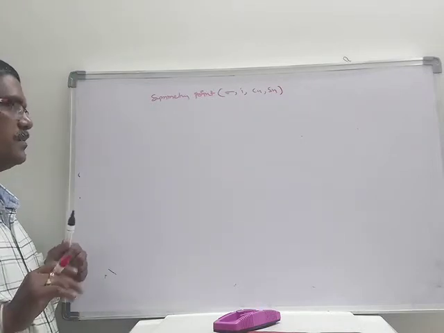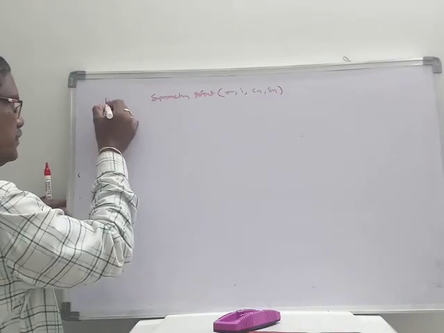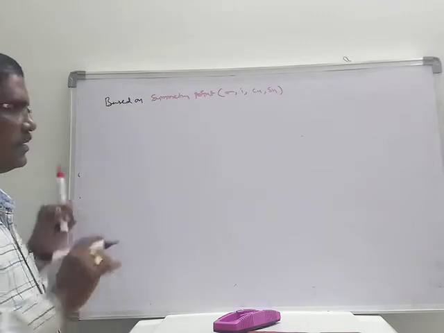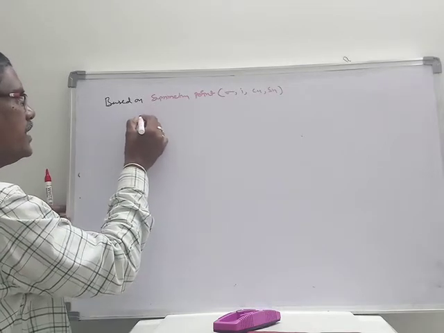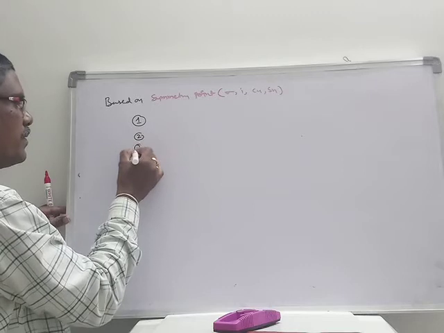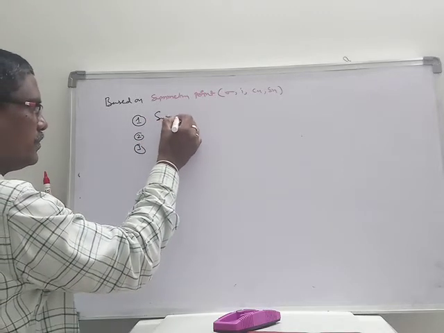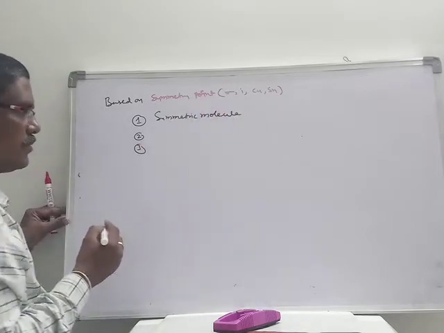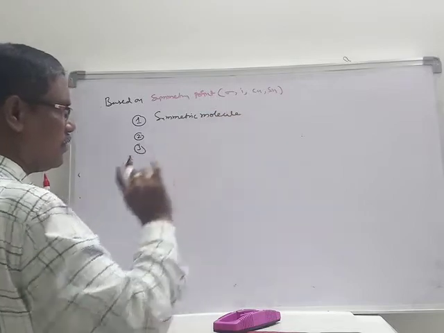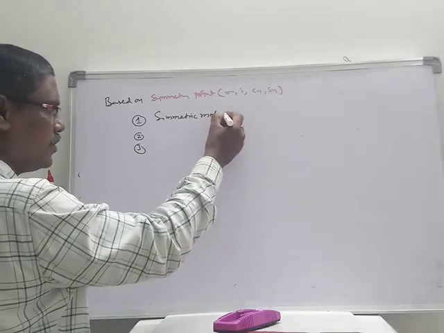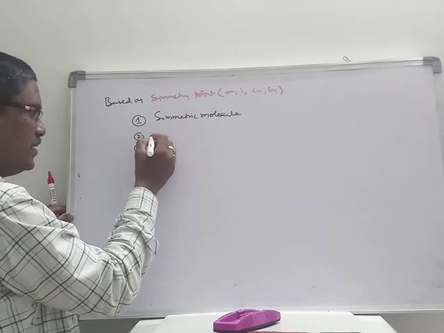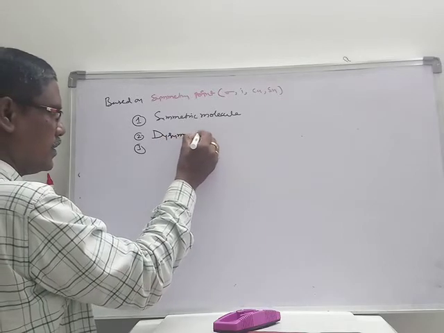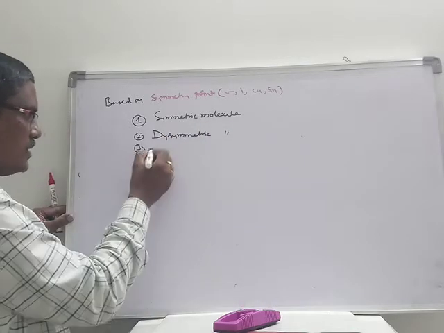These are known as symmetry points. Based on symmetry points, optically active compounds are classified into three types. One is the symmetric molecule, second one is the disymmetric molecule, and the third is the asymmetric molecule.